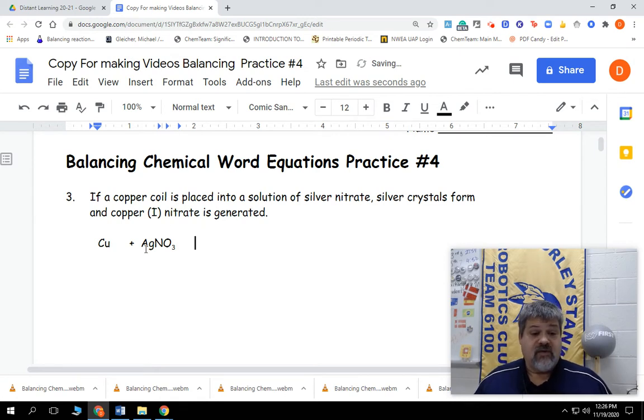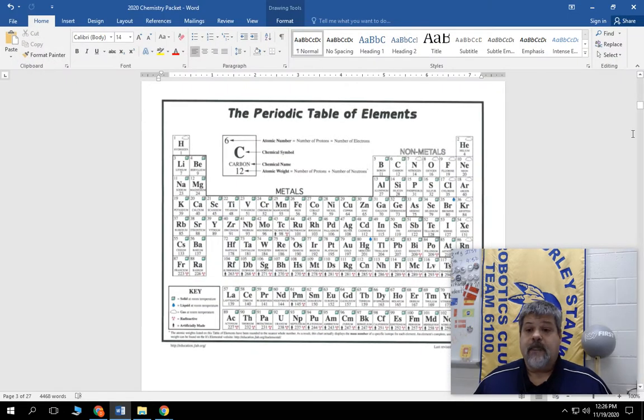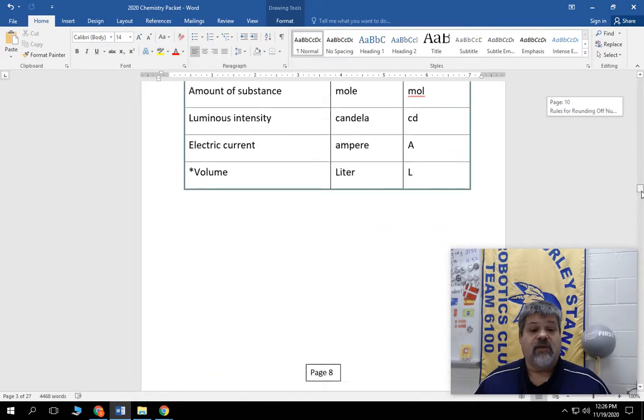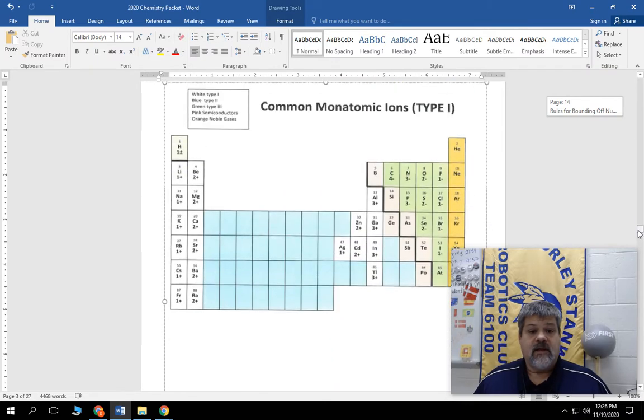Now, we do have to make sure that they are in the right proportions. So let's go back to our packet, and I'm going to go to page 13 in your packet, at least it is. Silver is right here. Silver is a +1, but we can't find the nitrate on here.